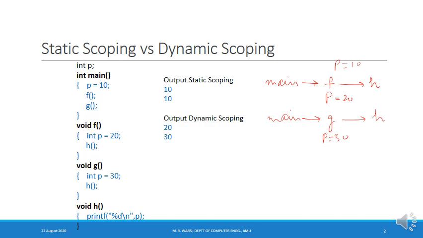Then I search for p in the calling function. Now h has been called by the function g, and g has got a definition of p. So that means now the value of this p will be printed in the function h, so the output is going to be 30. So if I consider dynamic scoping, this program segment will produce the output of 20 and 30, and if I consider static scoping, this program segment will produce the output of 10 and 10.